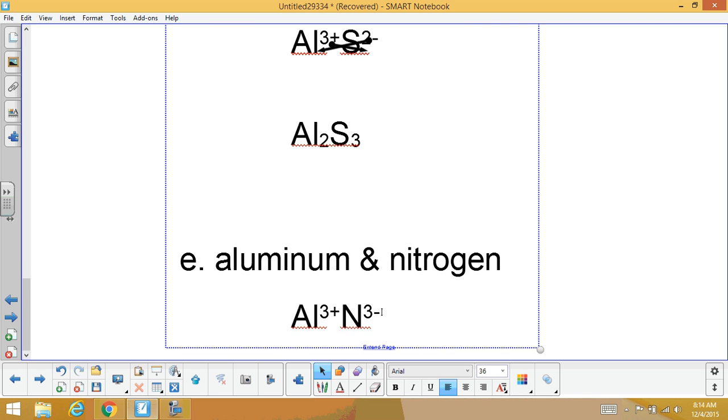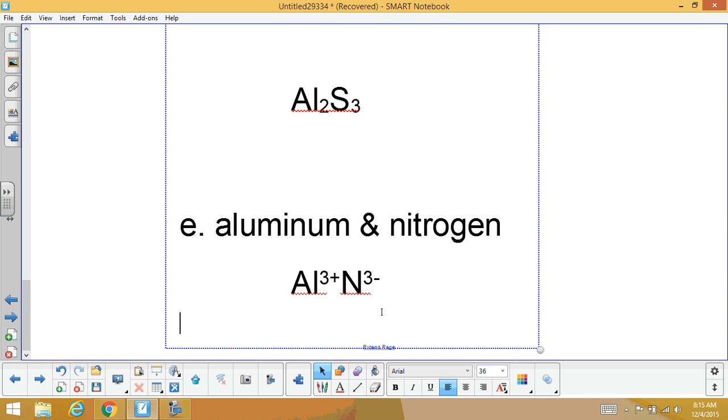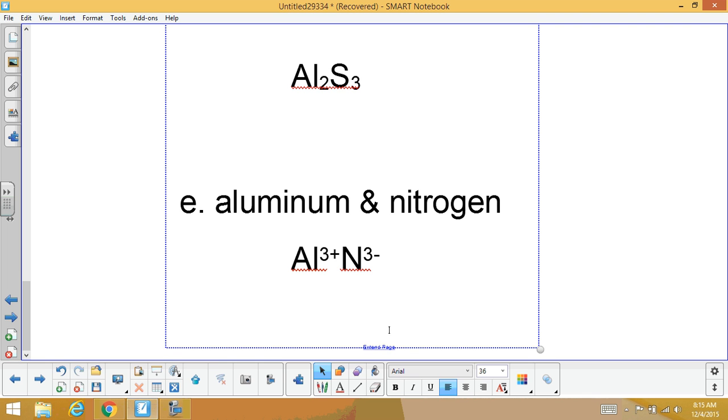Both of them have a 3 charge to them. Aluminum has a 3 plus, nitrogen has a 3 minus. So we have Al3N3.